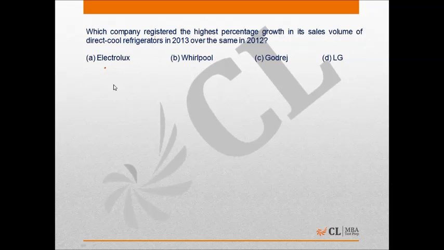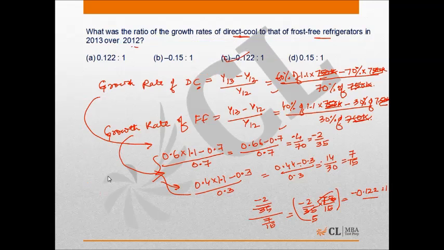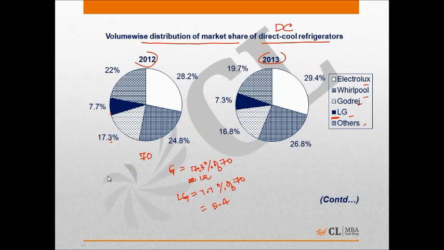So let's draw a table for 2012 and 2013. We'll try to use just the percentage values instead of the actual values. We have Electrolux, Whirlpool, Godrej, and LG. Now, if we look at Electrolux, the percentage in 2012 is 28.2%, while in 2013 it is 29.4%.